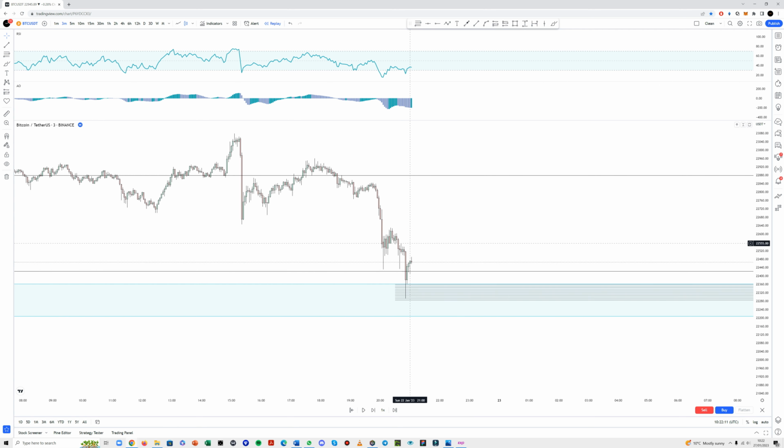So we've got the first add averaging around here. We've got the second add here. So our average entry is probably around the 224s here. And at this point, we just place our stop. I think it was a few ticks underneath the low here, okay?